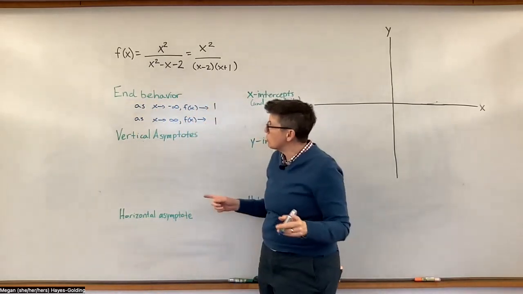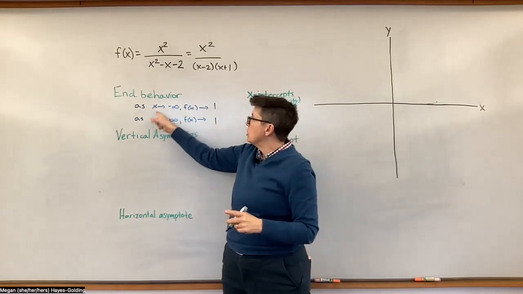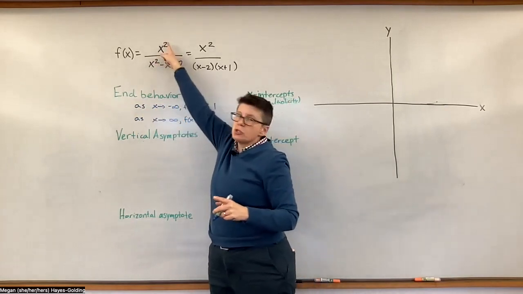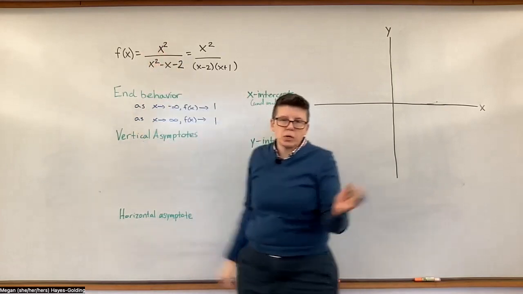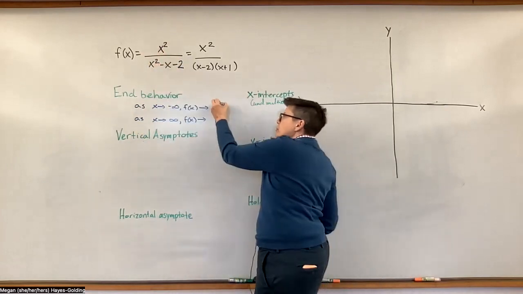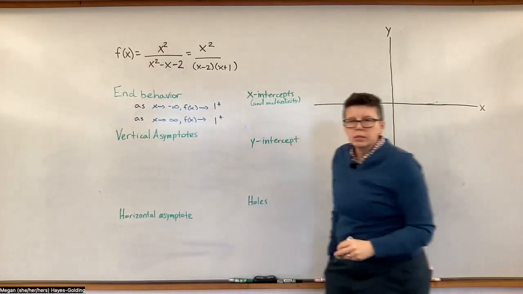On both sides of the equation, right? Because infinity, negative infinity squared is positive, right? So a number squared is always positive, and we're always going to approach it from the positive side. All right.